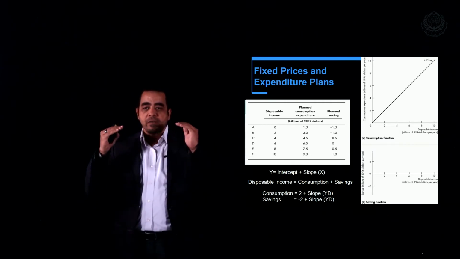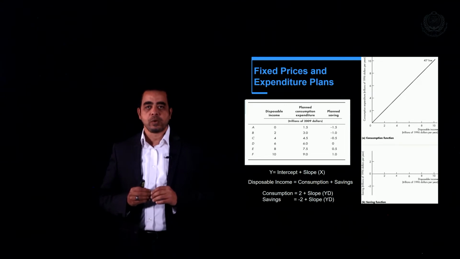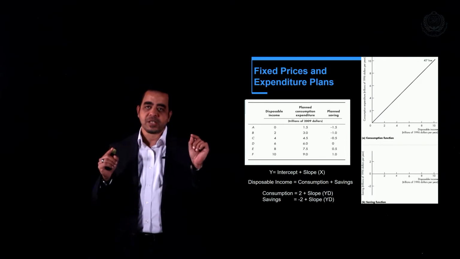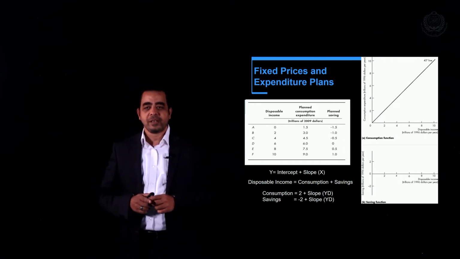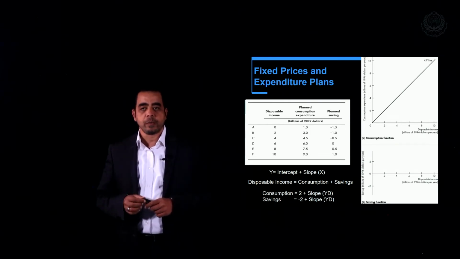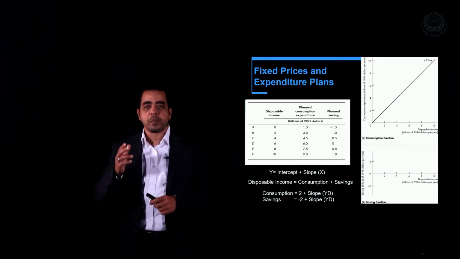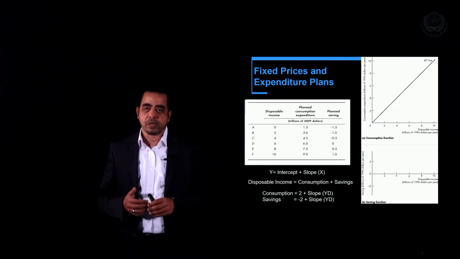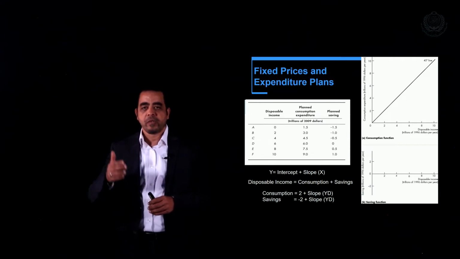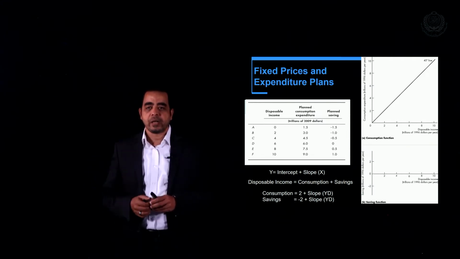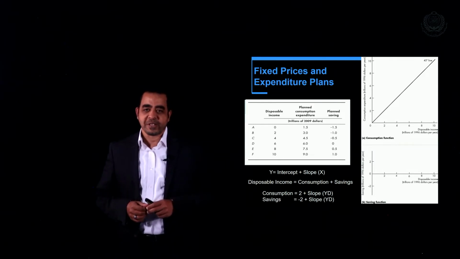So for each level of disposable income, you will find that the summation of both consumption and savings will be equal to the disposable income. And if we go deeper into the numbers, we will see that there is a positive relationship between the disposable income and the consumption. The higher the disposable income, the higher is the consumption. The higher the disposable income, the higher are the savings.